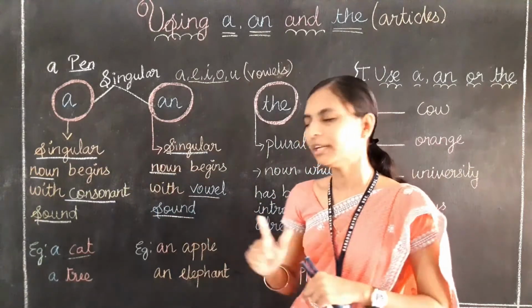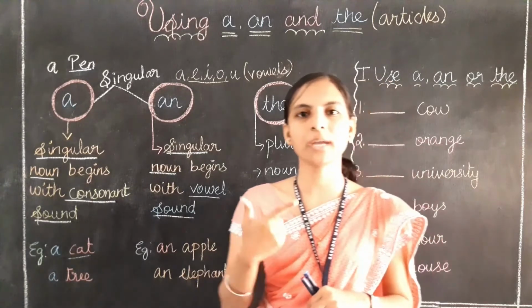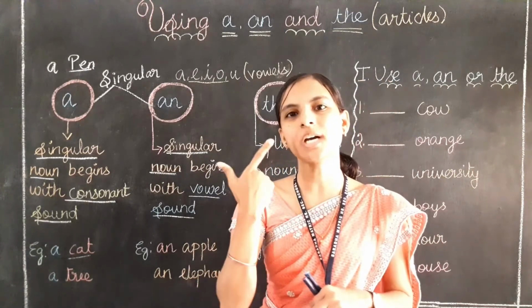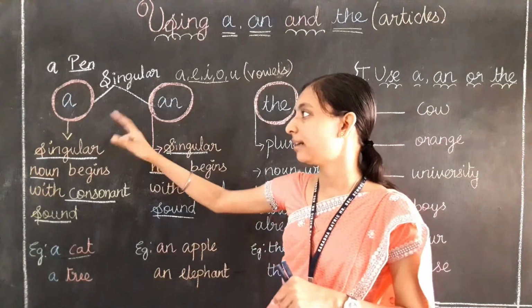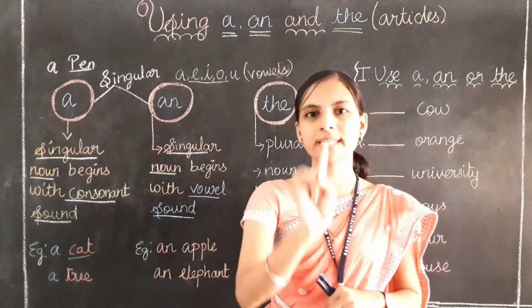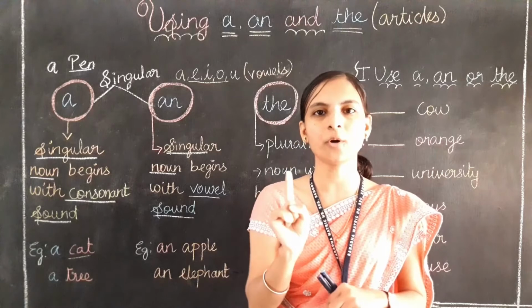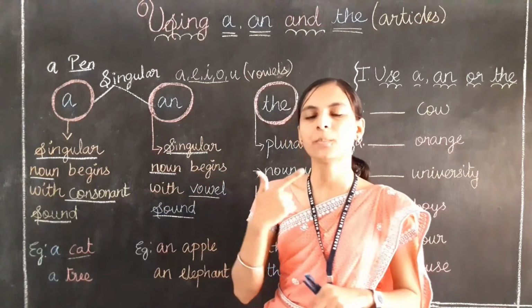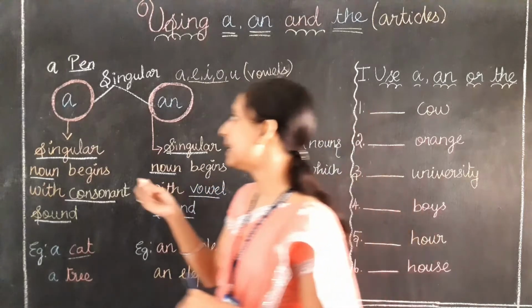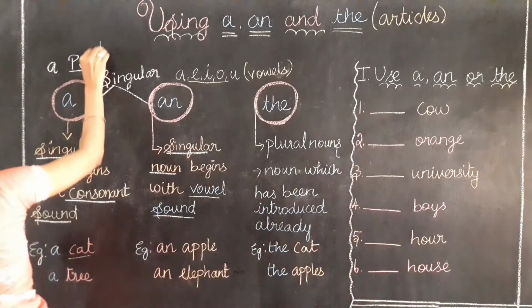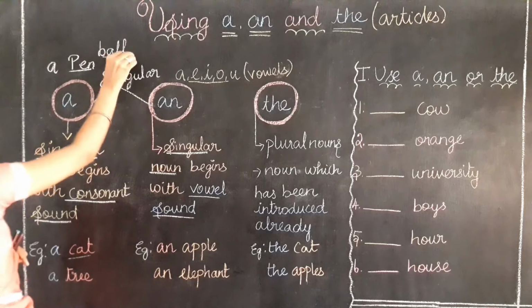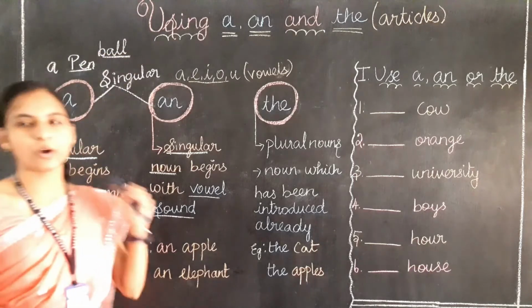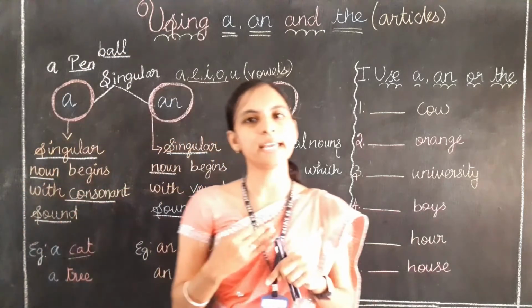Yes? So can you tell me, if I am telling you ball, okay, ball, which article can you use here? A ball or an ball? Because ball is a singular thing only. I am talking about one ball only. So we can use article a or article an. So ball, that is B-A-L-L, I can write here. For referring to ball, which article can I use?